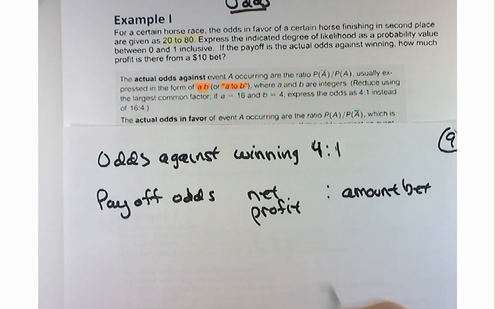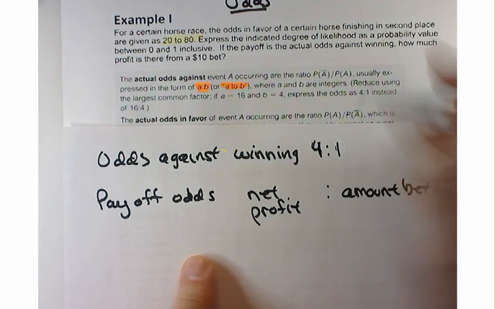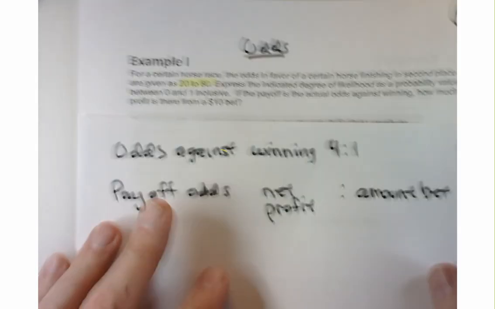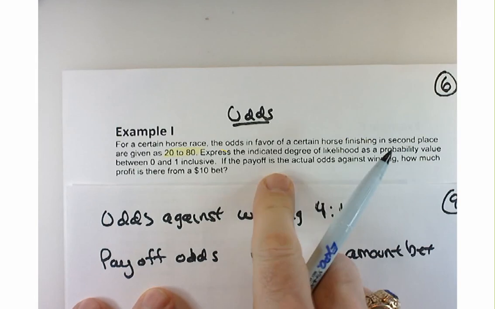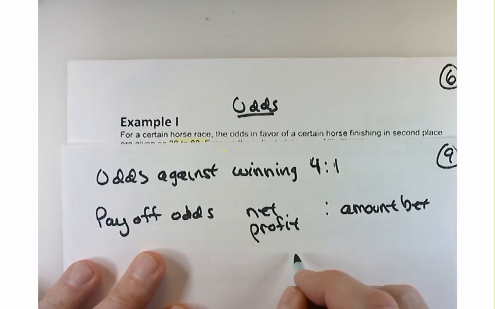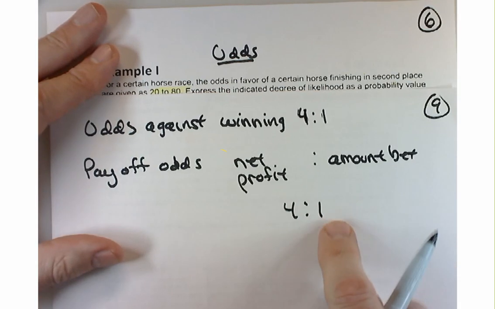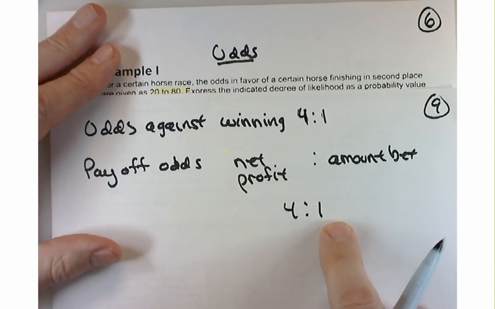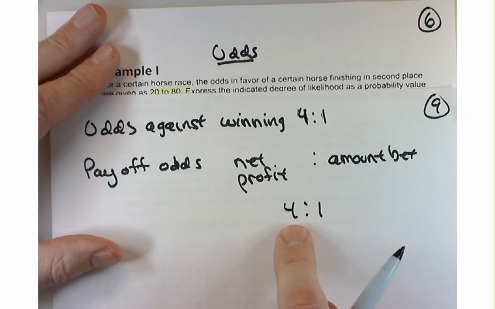I want to keep that in mind, because the problem asks, if the payoff odds is the actual odds against winning, how much profit is there from a $10 bet? So we've got 4 to 1. I want the amount bet to be 10 here, right? So that I can figure out how much profit I get.